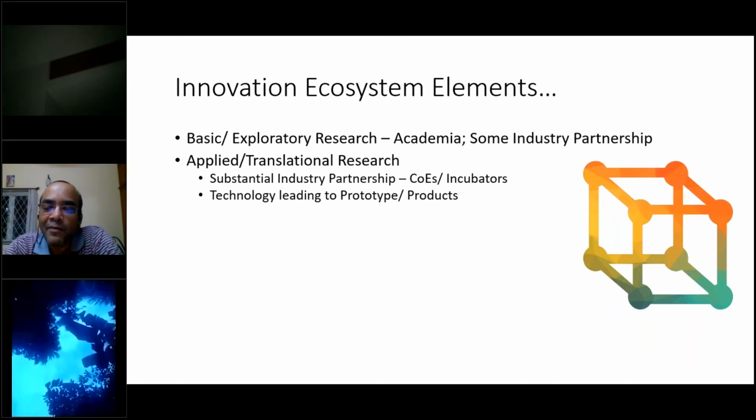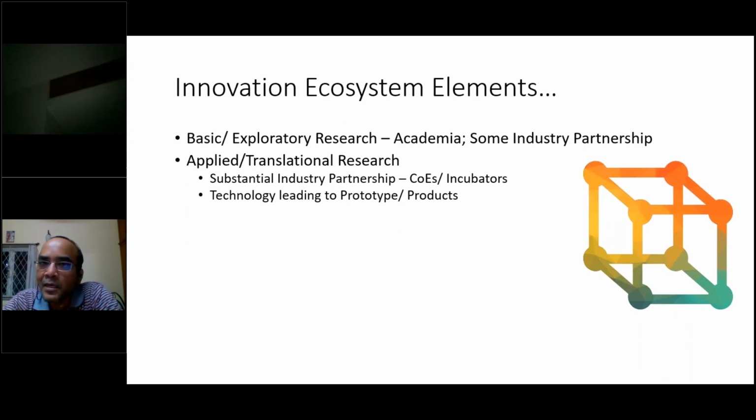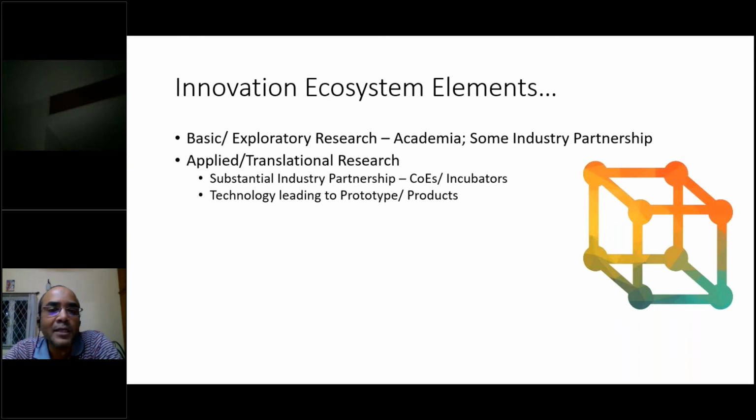Within the IIT Madras ecosystem you have what we call centers of excellence, or you have the incubators. These are the enablers, I should say, of getting the basic research ready to solve the industry challenge. That is something which would happen as part of the translational research activity.